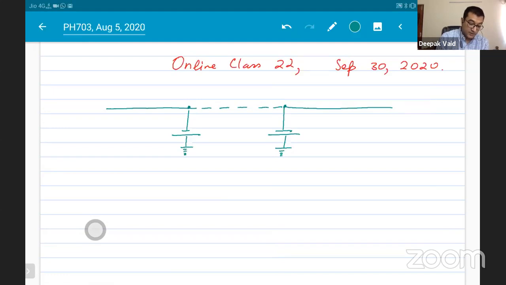Then relative to the zero of the potential, here you would have zero potential in these regions, and at this point you would have a negative potential. So here V would be something, let's say minus V naught.